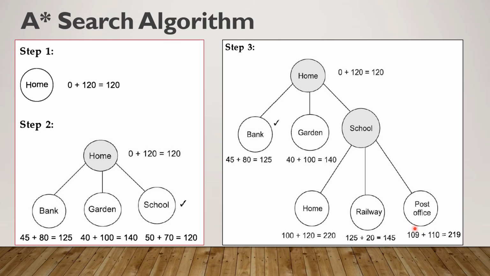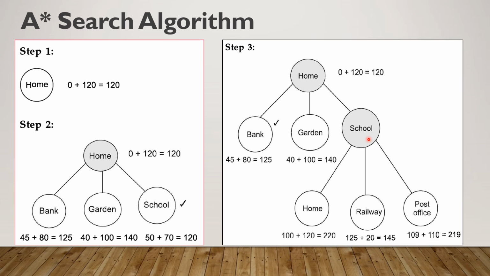Post office, 109 plus 110 equals 219. Now what are all the leaf nodes available? 125 bank, 140 garden, 220 home, 145 railway station, 219 post office. We consider all the leaf nodes.